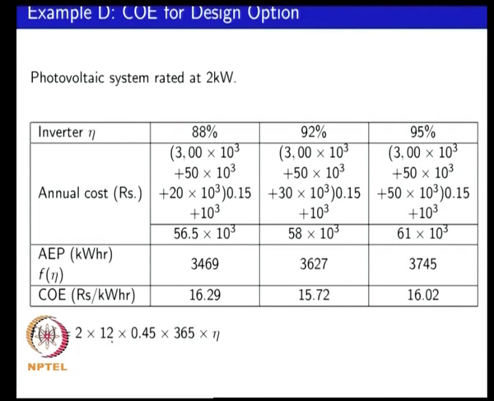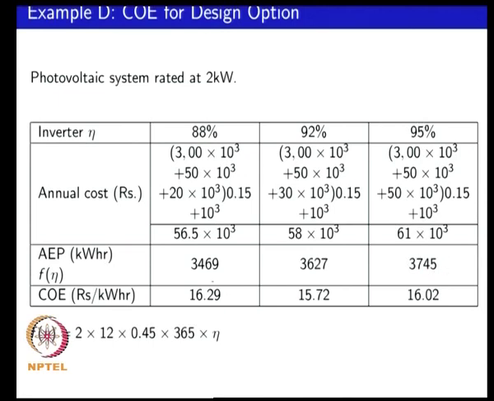It is working for 12 hours a day with a peak capacity factor of 0.45, 365 days a year, and there may be some losses in the inverter, so you multiply it with the efficiency. So, you can calculate what the annual energy production is. It is 3469 units for option 1, 3627 units for option 2, and 3745 units for option 3.